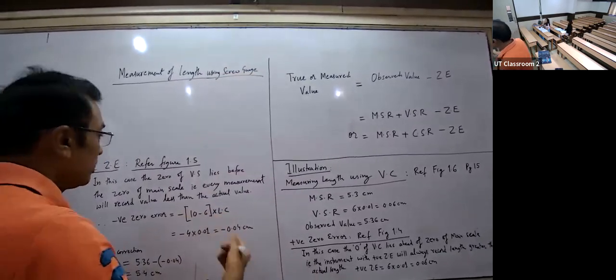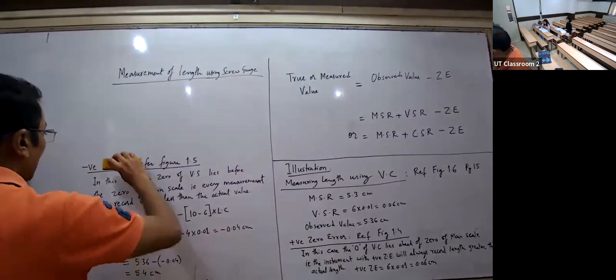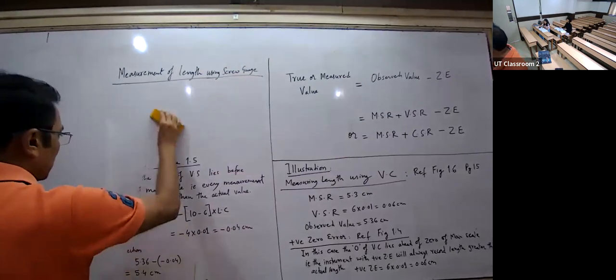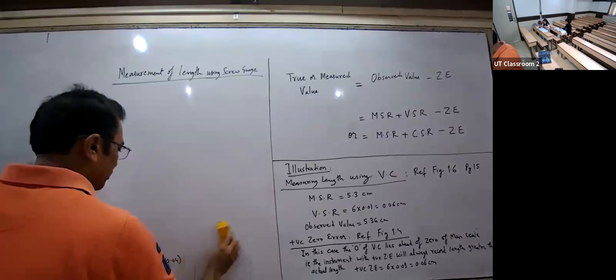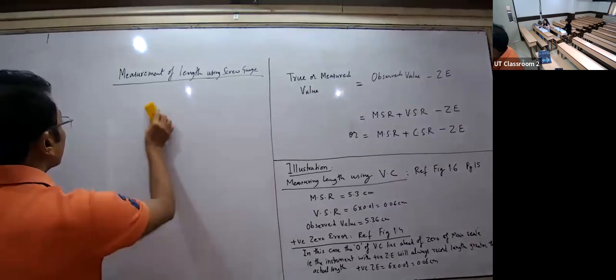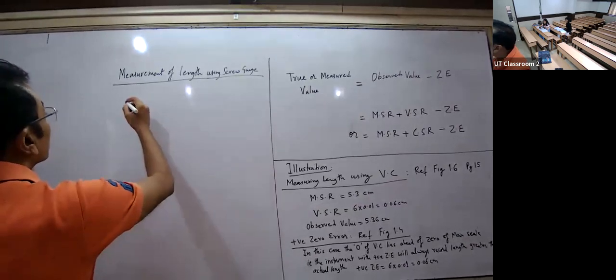So the vernier is replaced with the circular scale. And the number of divisions is like 100. Okay, it could be more than 100 also, but minimum they are working with 100 divisions.